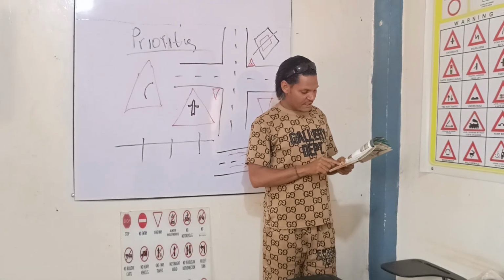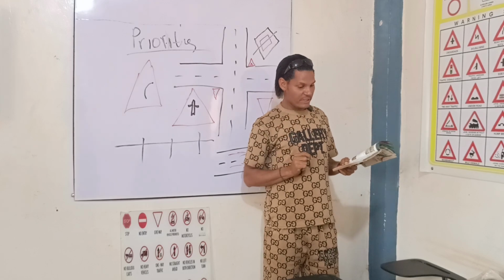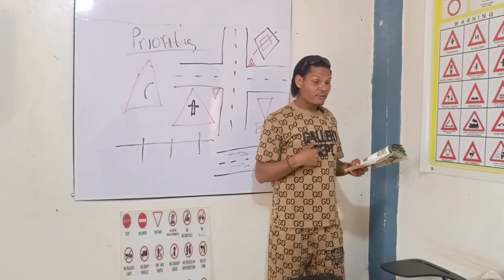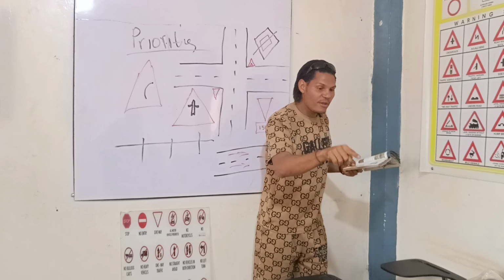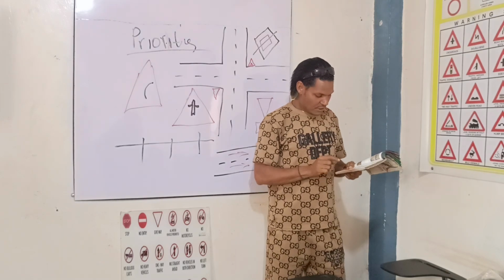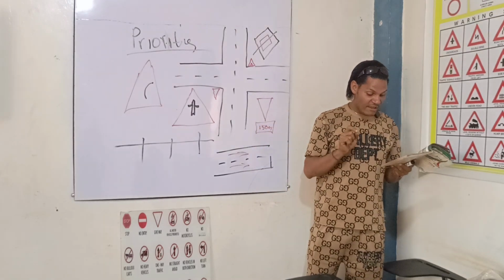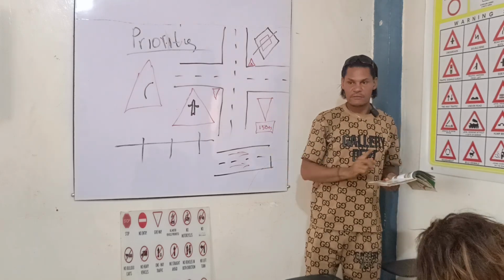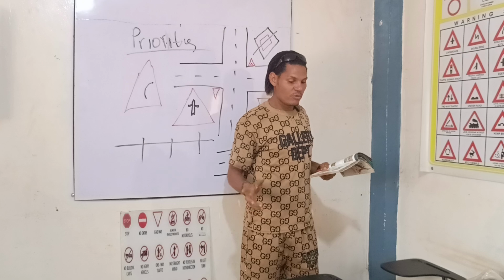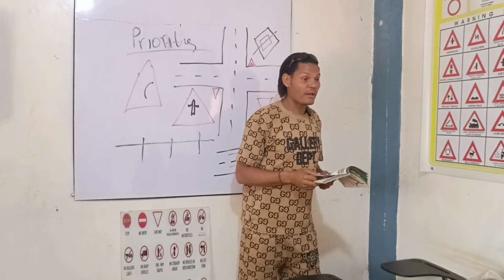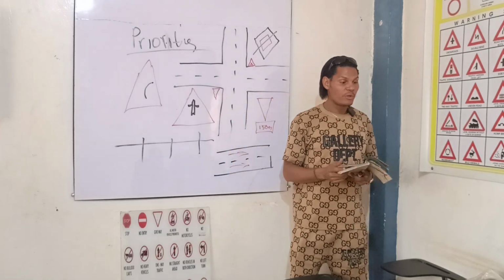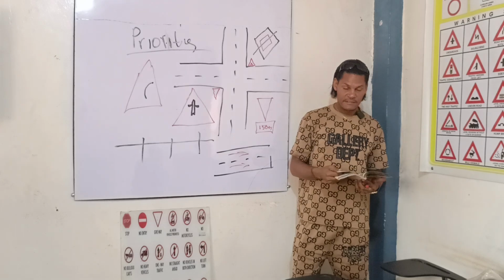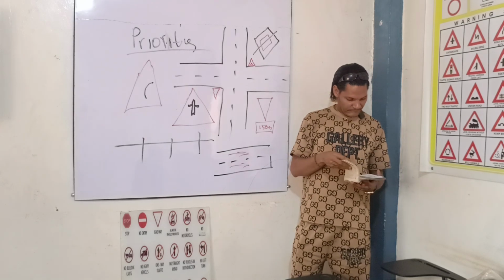The first thing is what? Slow down. They have told you that you have priority, but they are still telling you to slow down. Cross junctions without giving way to traffic from the left or the right. You don't give way. Everybody gives you way. But they are still telling you always slow down, because you don't know what is going through the other driver's head.